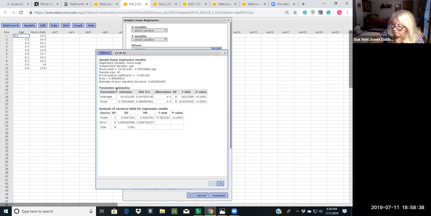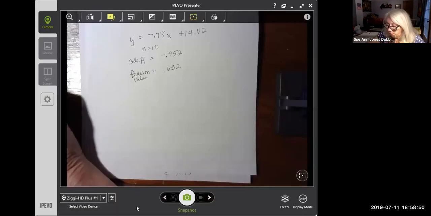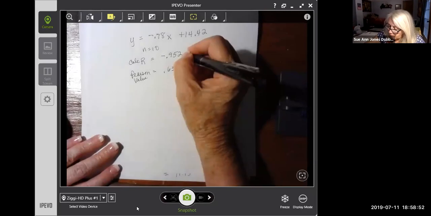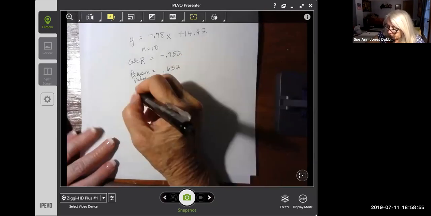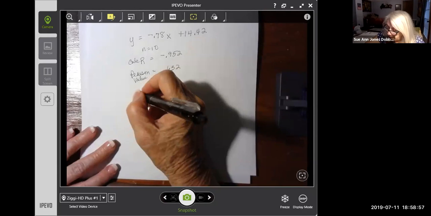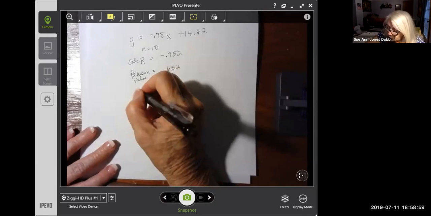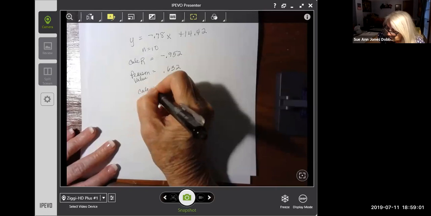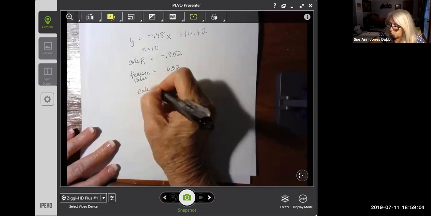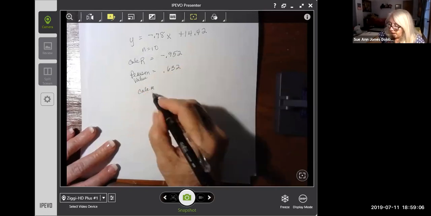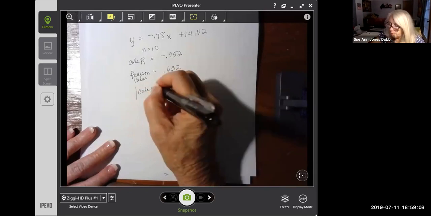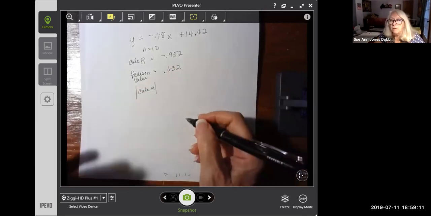Okay. So I'm going to go back to my screen here for the presenter window. This is what I've written down about this particular problem. Now, the reason I kept on with this problem, even though it wasn't going to prove the point that I wanted to make, was I want you to see that the calculated R here, according to our system, has to be the absolute value, the numerical value without regard to sign.